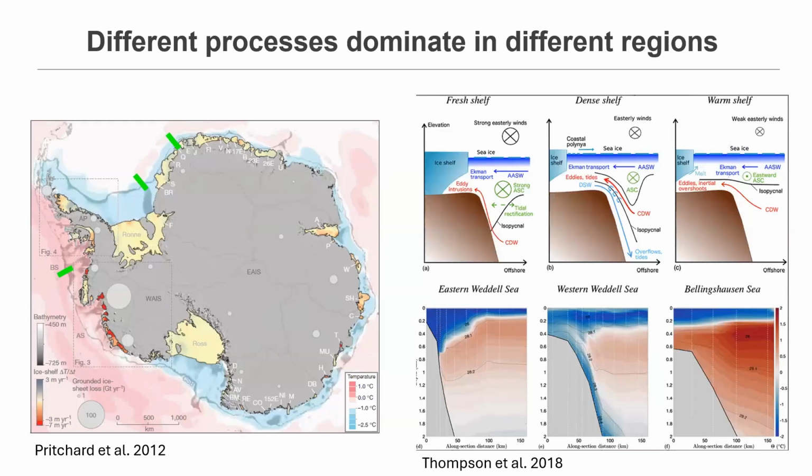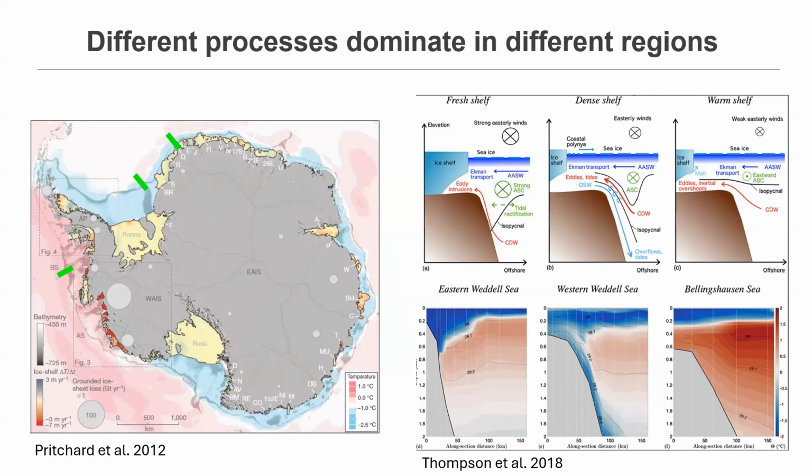Then, moving a bit closer to the continent, we also need to consider that different processes dominate in different regions, and I think the classification of the different shelf regimes around Antarctica is a very useful concept. In the upper right, there are a few sketches of mechanisms that are important in these areas. The dense shelf regime in the middle of these three columns has dense overflows, with cold water hugging the slope.